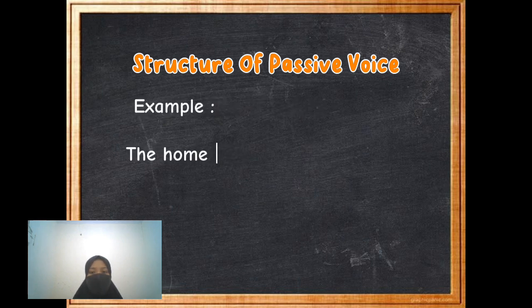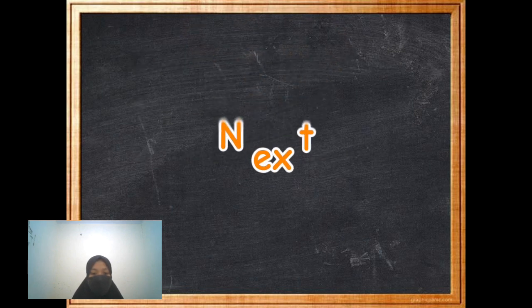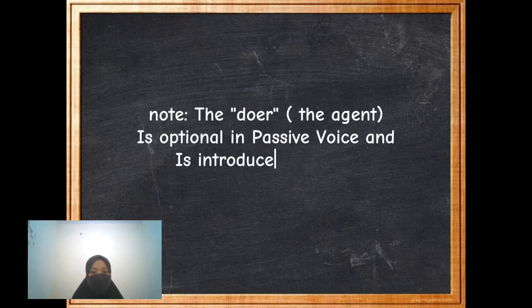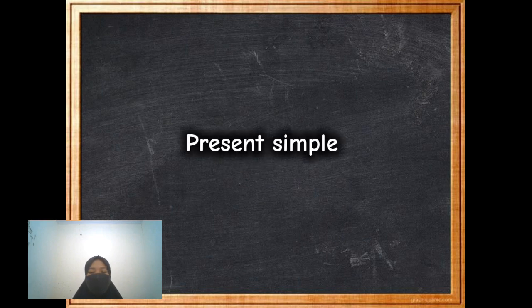For example, the homework had been done. Note that the doer, the agent, is optional in passive voice and is introduced with by.